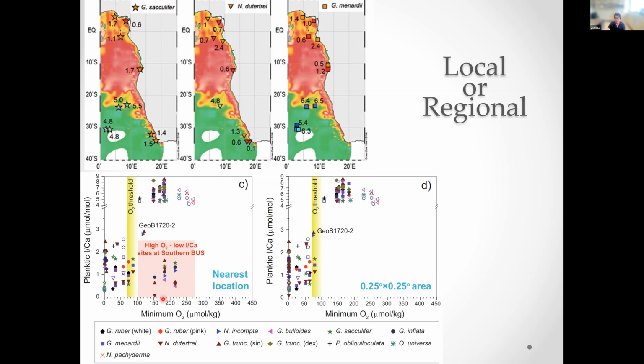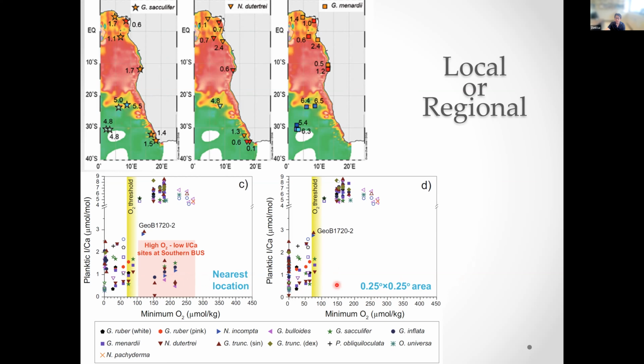But if you plot the iodine to calcium against the lowest O2 in a quarter degree grid, these data points immediately shift towards the left. What that means is you have low oxygen water near these sites, not necessarily directly below where these forams were growing.